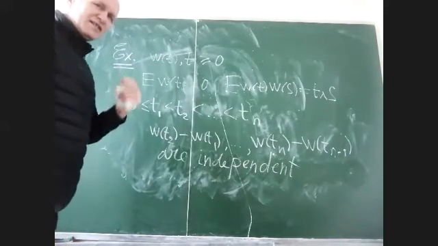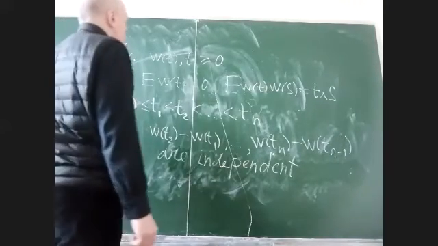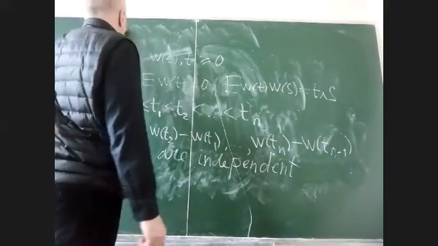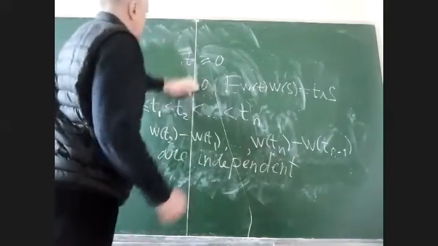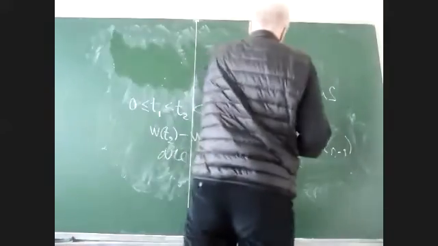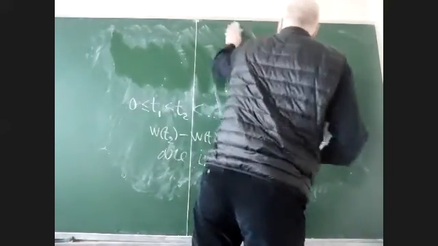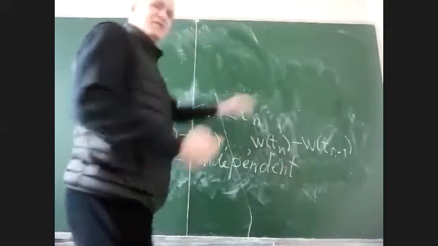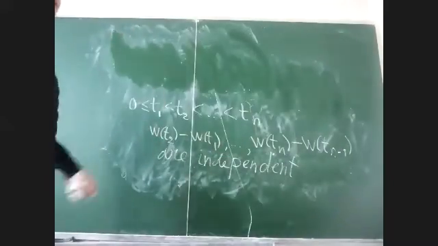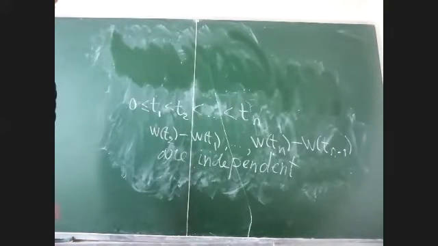But I need some more property, which is also very easy to have now, namely continuity. We already have different conditions for a Gaussian random field or process to be continuous.